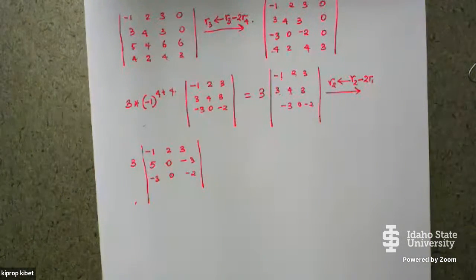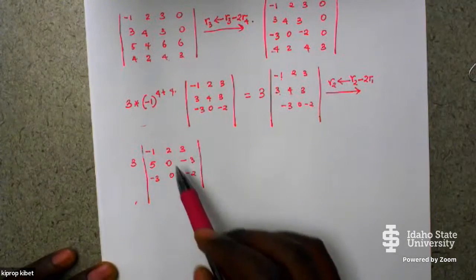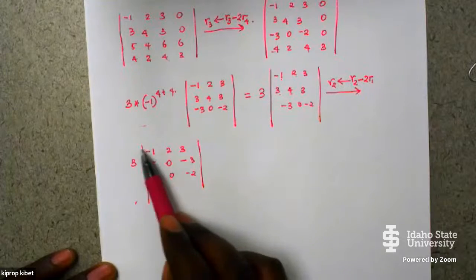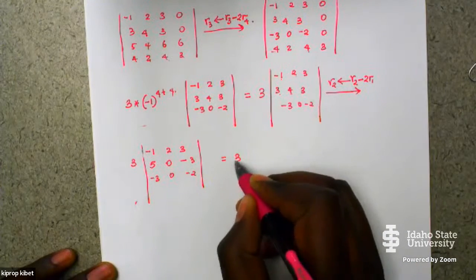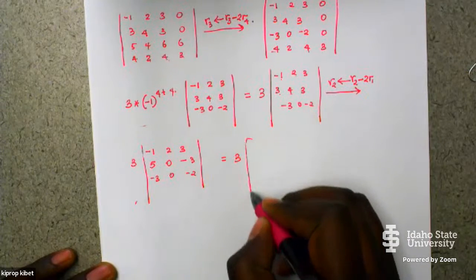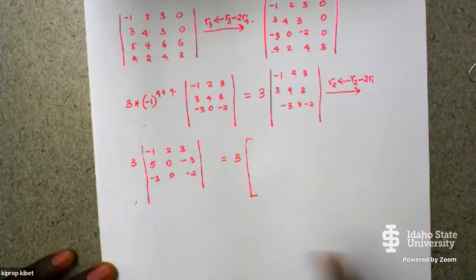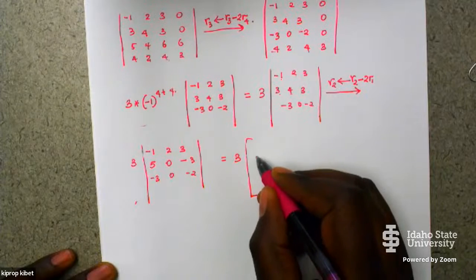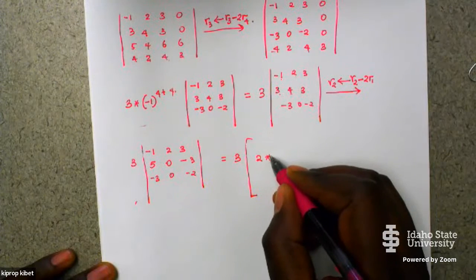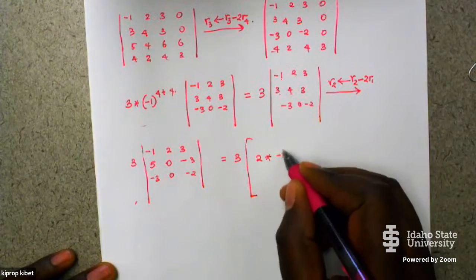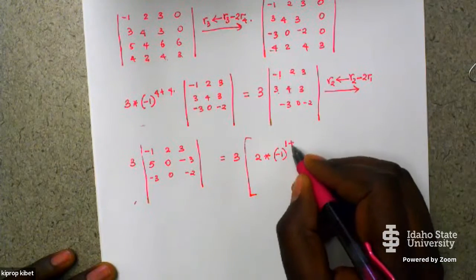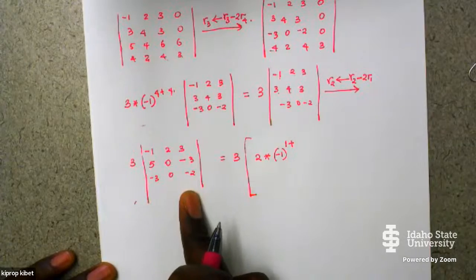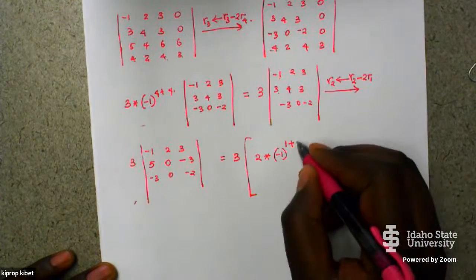Now, using the cofactors again, we delete this and the first column there. So it will be equal to 3, and then 3 is the one which is outside here. So we have our 2 there multiplied by -1 raised to, since we are deleting the first row plus we are also deleting the second column, 1 plus 2 here.